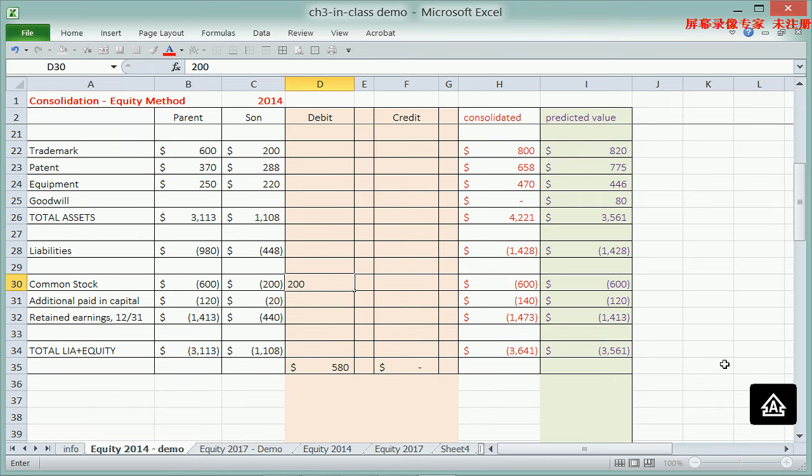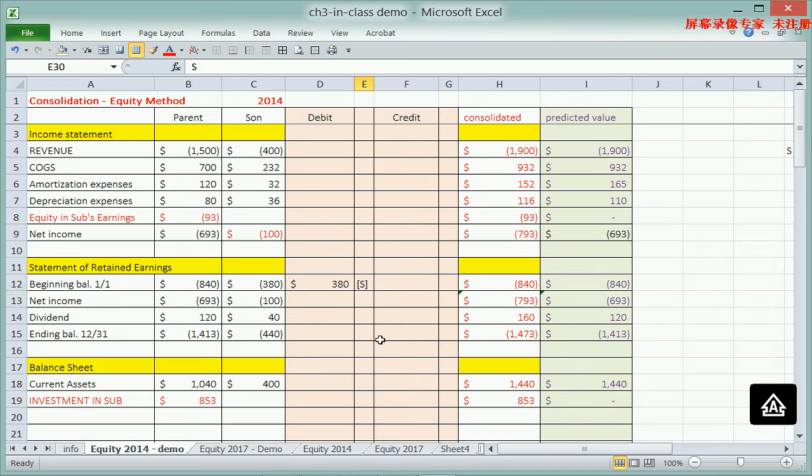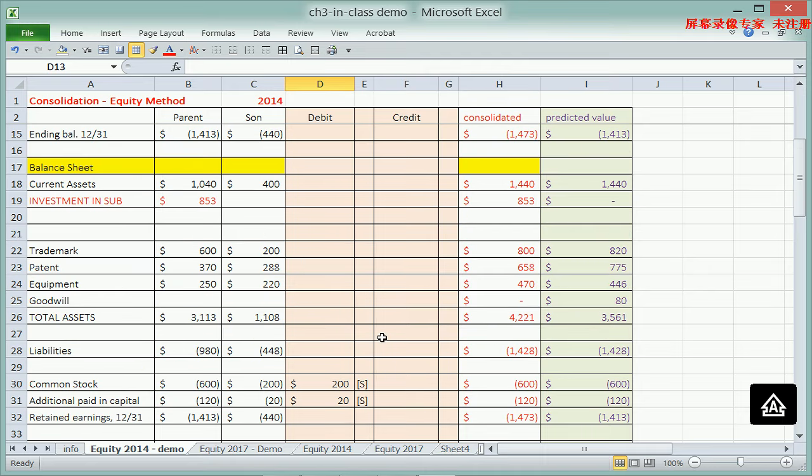I'm just going to type it in, it's easier. So basically it's the subsidiary's number. I basically formulate this column, so anything I type in will automatically have a square bracket attached to it. Isn't it great? It's easier. And that's the S entry.